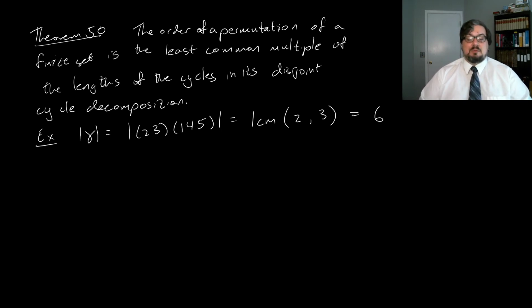In other words, the least common multiple of 2 and 3, which is 6. And you can check this out yourself. You can take various powers of gamma and see that gamma to the 6th is the first power where you get the identity back.